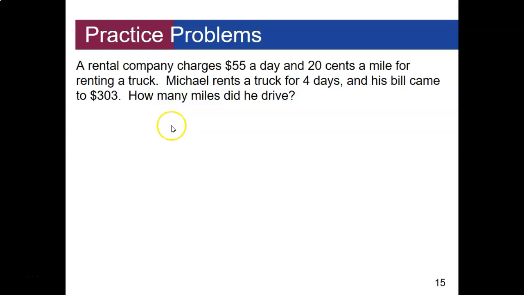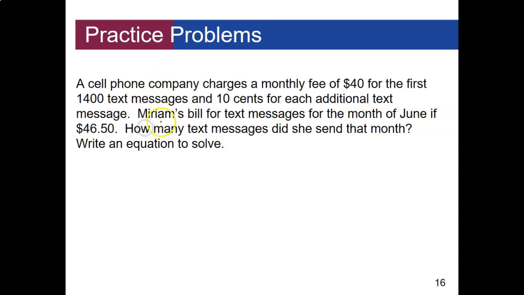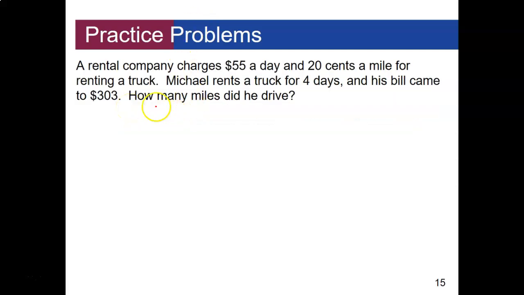So this one's very much like the rental car that we did. We had the fixed cost and the variable cost, and that's going to equal the total cost. The company charges $55 a day and 20 cents a mile.